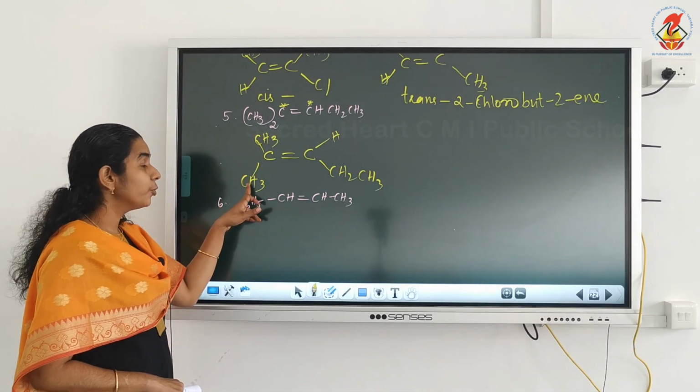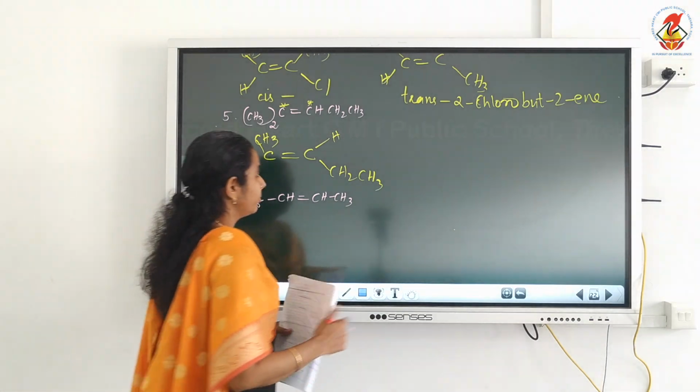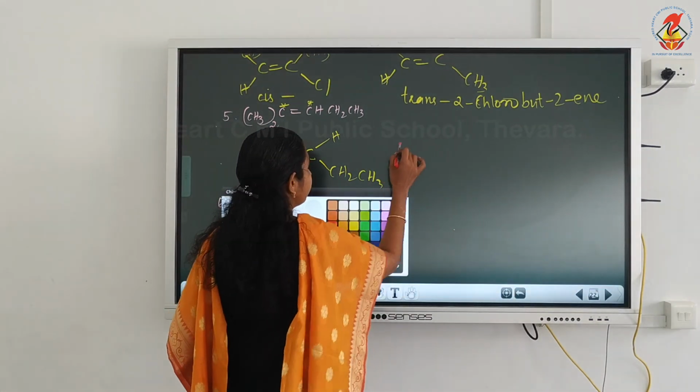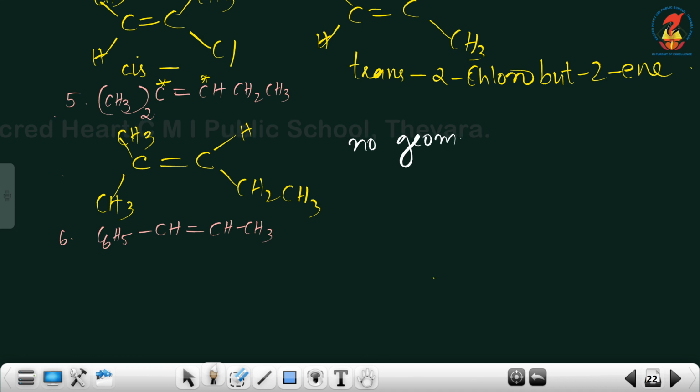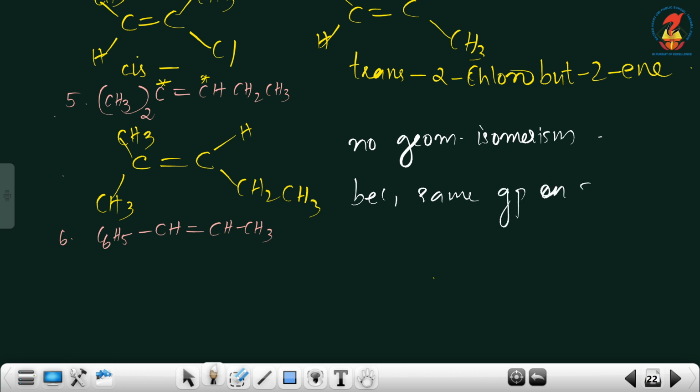So similar groups on the same carbon. So here also we can say no geometrical isomerism. The reason is the same, because same group on the same double bonded carbon.